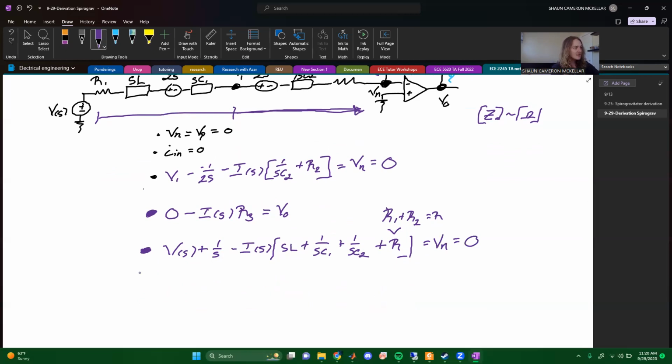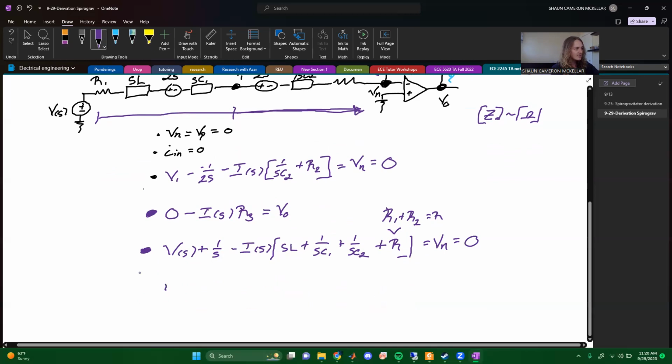So now let's solve for I of S, and I can quickly write out that I of S is going to be equal to this V of S plus 1 over S divided by my denominator, which is S of L plus 1 over SC1 plus 1 over SC2.